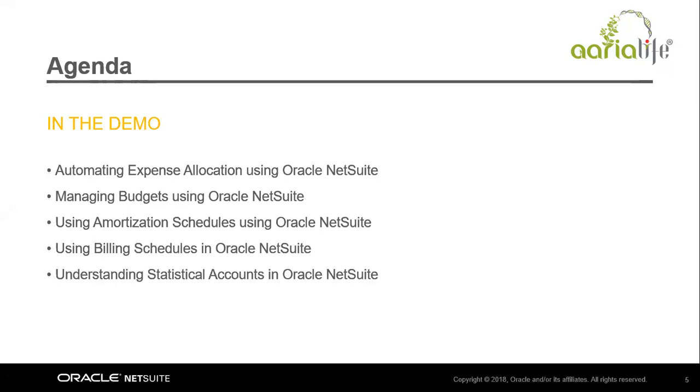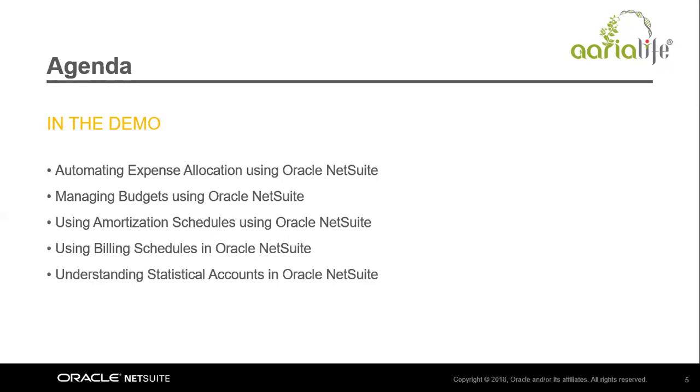So, what we are going to do today is look at how you could automate your financial accounting, specifically using Oracle's NetSuite platform, which is known for its capabilities as a cloud ERP.